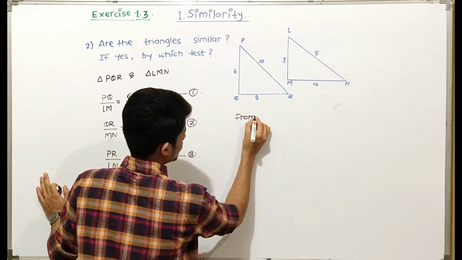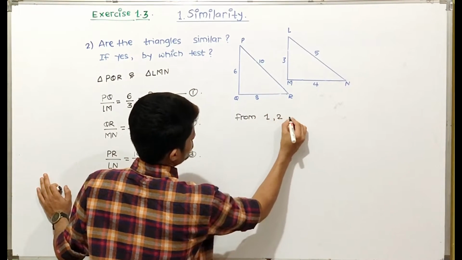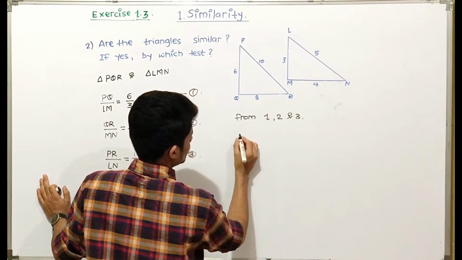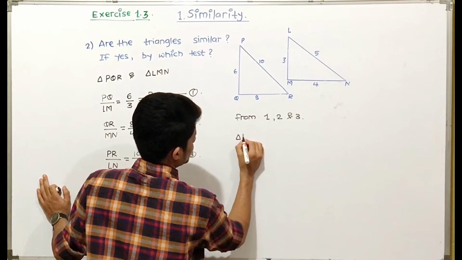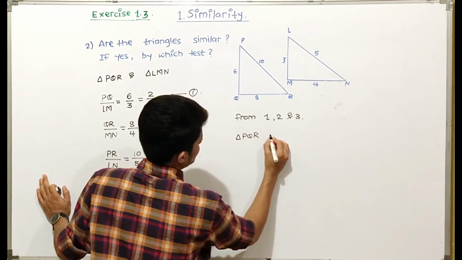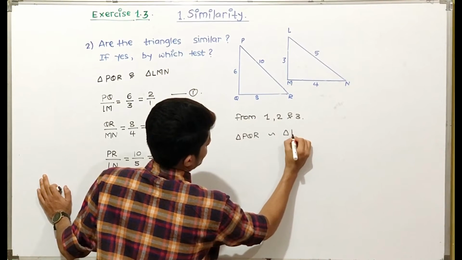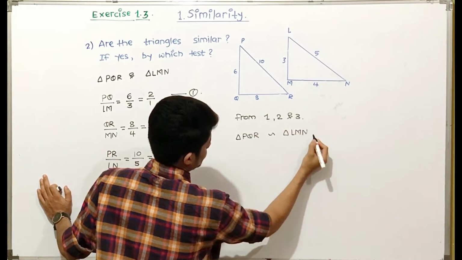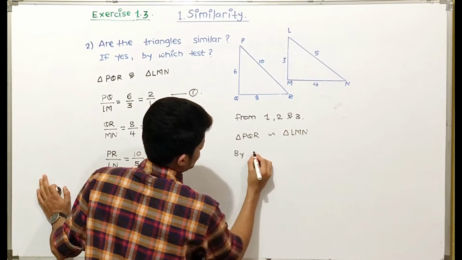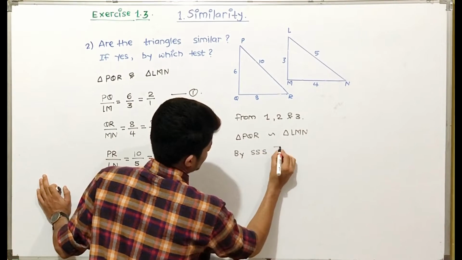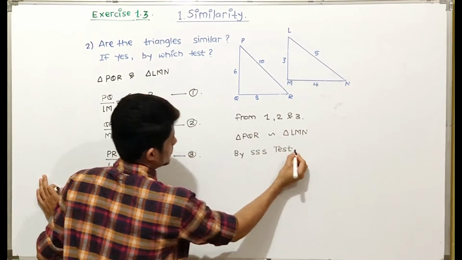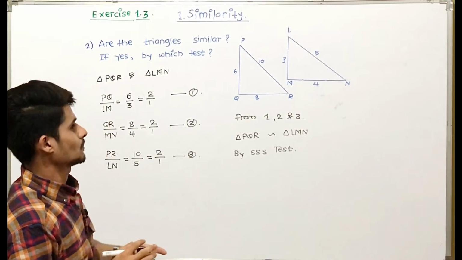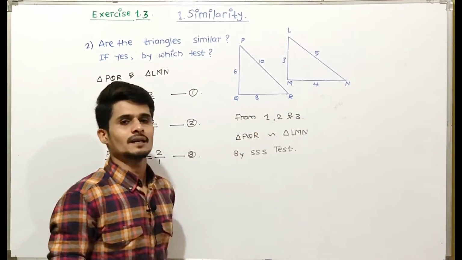From 1, 2 and 3, triangle PQR is similar to triangle LMN by side test. Triangles are similar by side test.